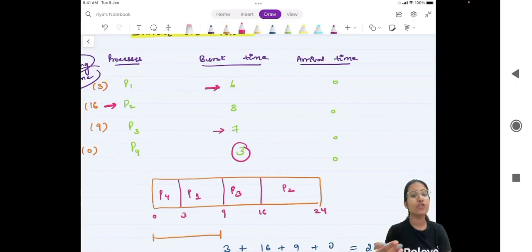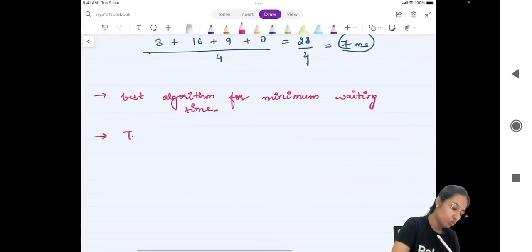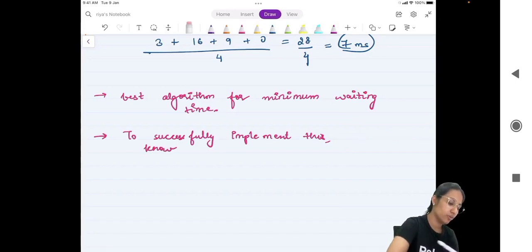So for that, you should know in advance the burst time for all the processes. So remember, to successfully implement this, you should, or you should, not the processor should.